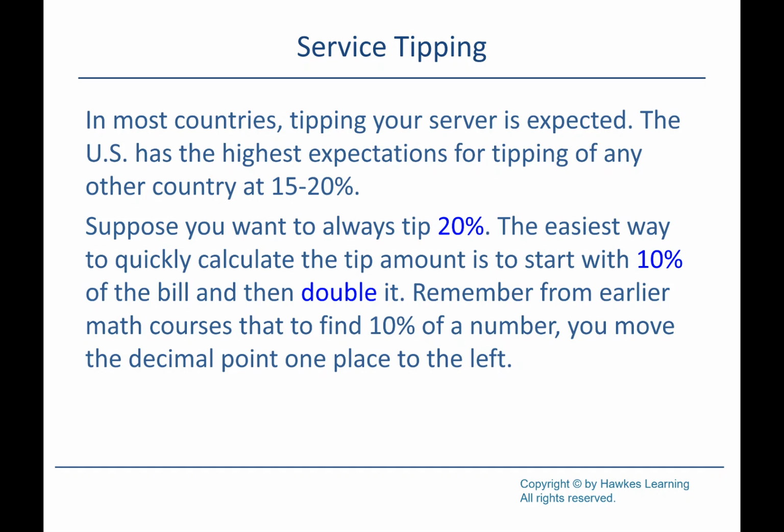So generally, let's say 15 to 20%, and you can vary it on service, like how good do you think your service was. But if you're not math savvy and you want to figure out what you need to tip, what do you do? Like if you go out to eat with your friends and you don't know how much to tip, what do you do? I'm just asking, you personally, what do you do?